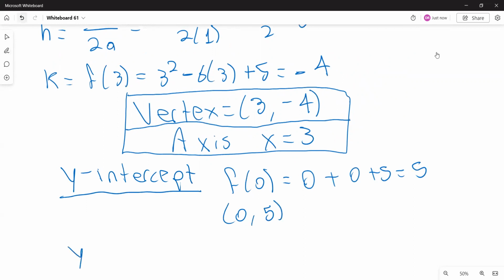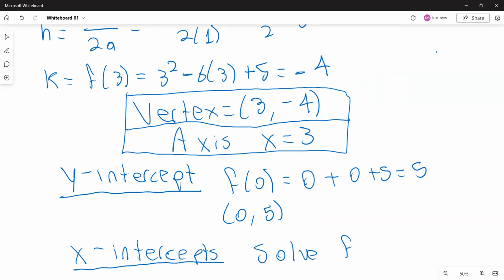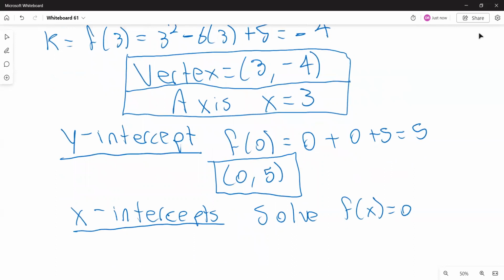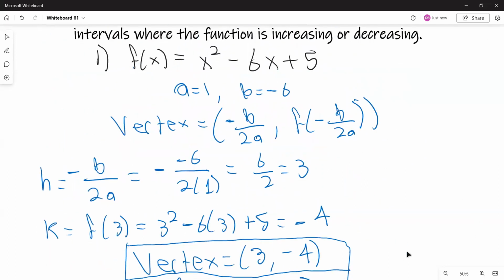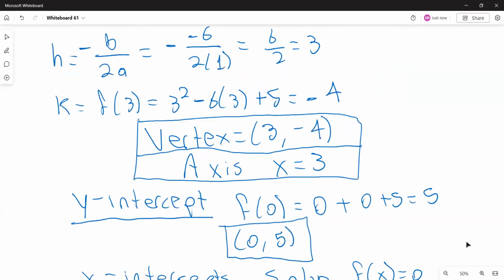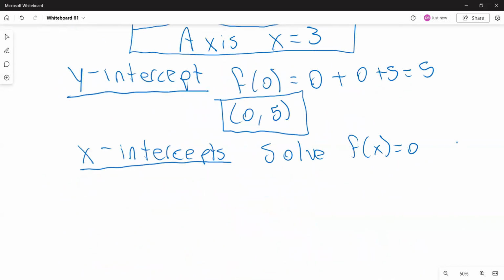Let's find the x-intercepts. We can find those by solving f of x equals 0. We can either write the function in standard form or in vertex form, but to me, it's going to be easier if I do it in standard form.